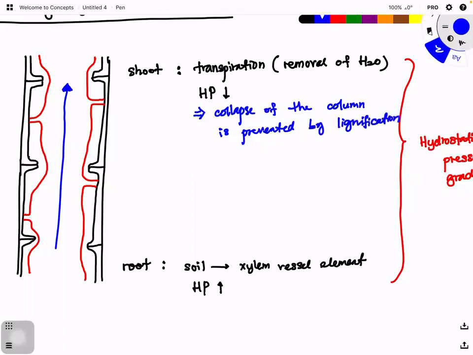The water molecules move from high to low, down the hydrostatic pressure. This process is termed mass flow. It is not one by one, but a whole column of water molecules.